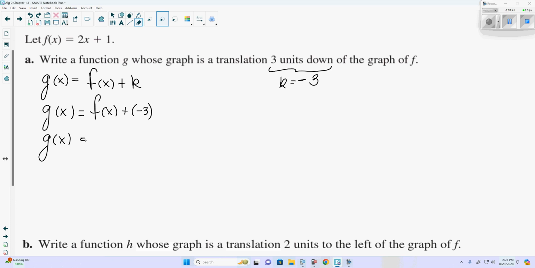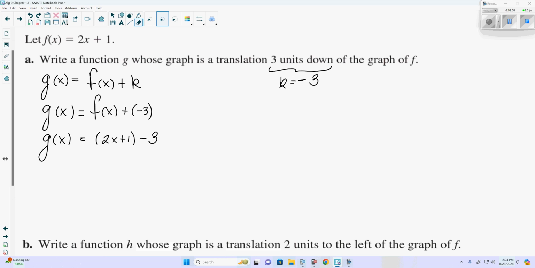So this just becomes 2x plus 1. We normally just say we replace it with this function. Instead of having f of x, we have 2x plus 1, yes? All right. Now we still have the plus negative 3, or we can just write it as minus 3.